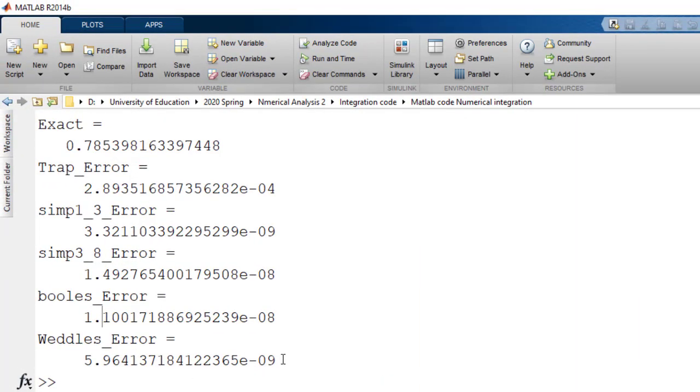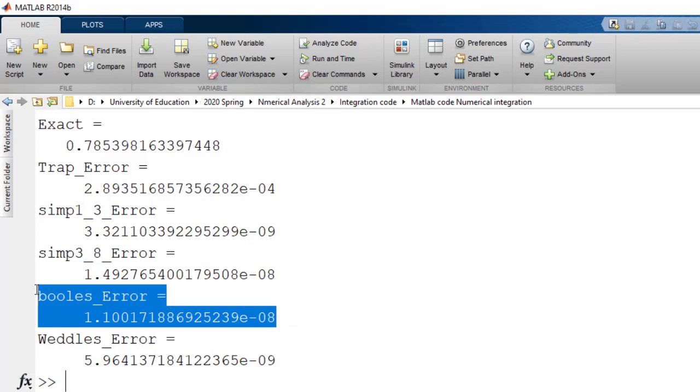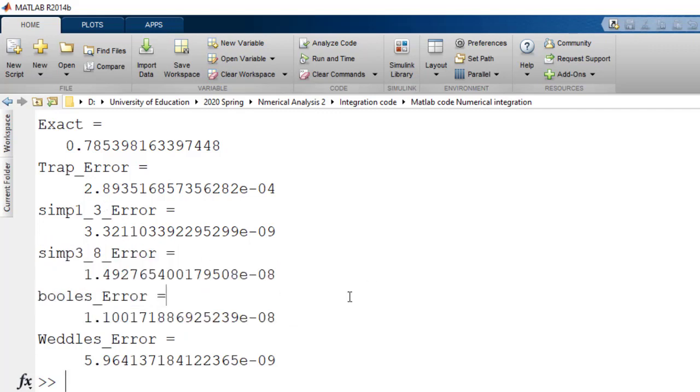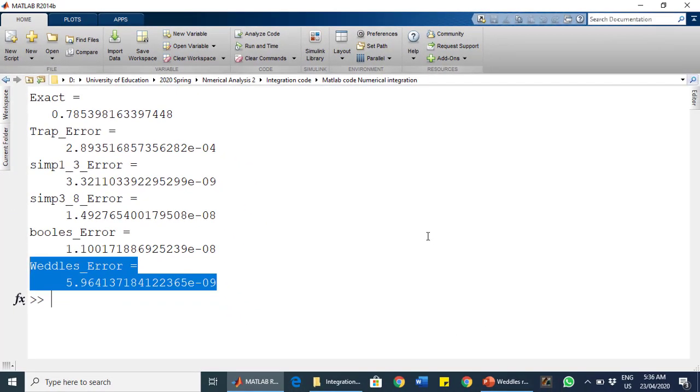Look, this is the error with Weddle's rule, this is the error with Boole's rule, and this is the error with Simpson's rule. So again you can see Weddle's rule as compared to the other numerical schemes like Boole's rule, Simpson 3/8 rule, Simpson 1/3 rule, and the trapezoidal rule is more accurate.